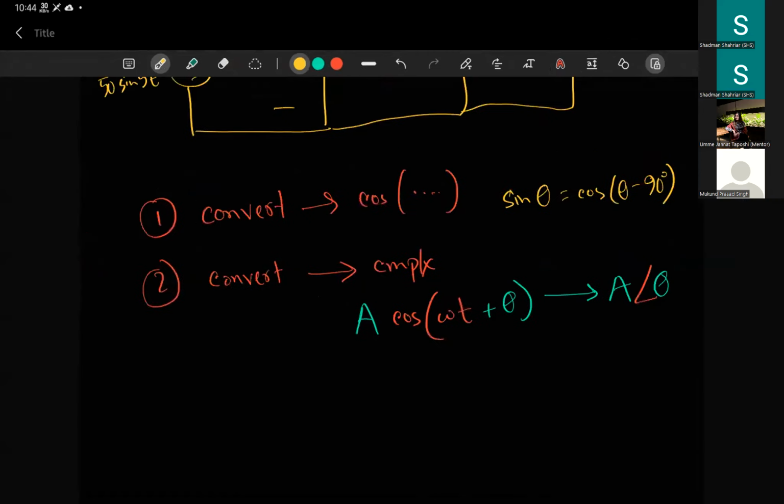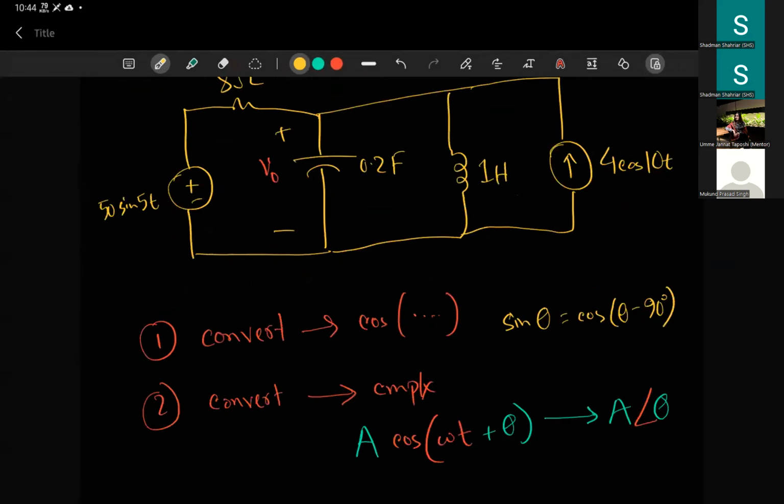You can write this as 4 cos of 10t plus 0 degree. If you don't have anything, you at least have 0. You just remove the cos 10t part, and this should become 4 angle 0 degree.